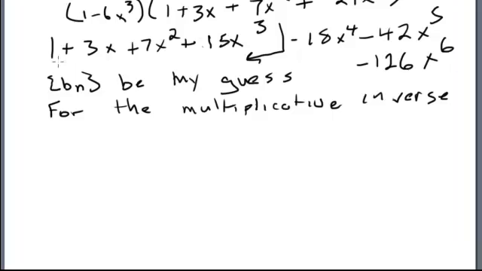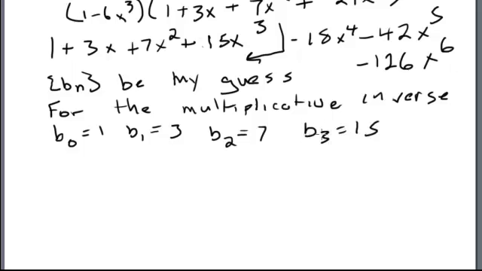So the multiplicative inverse is going to have these terms. I'm going to say B0 is equal to 1, B1 is equal to 3, B2 is equal to 7, and B3 is equal to 15. I can look at that and I see a pattern, Bn looks like it's 1 less than a power of 2, so it's equal to 2 to the n plus 1, minus 1. If I put a 1 here, that's 2 squared, 4 minus 1; 2 to the 3 is 8 minus 1; 2 to the 4 is 16 minus 1, so that all checks out.